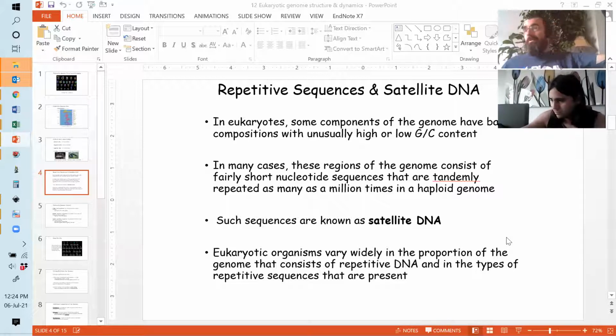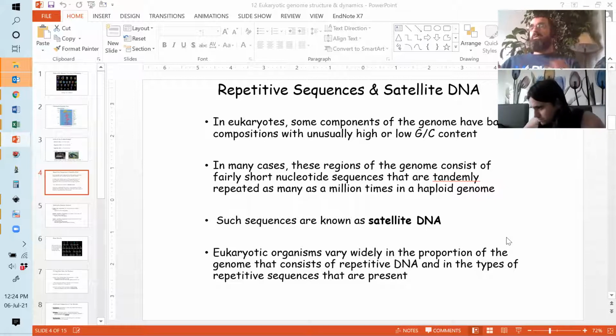And so obviously this is one explanation for that C-value paradox, right? Organisms that have smaller genomes may simply have less of this repetitive satellite DNA than organisms that have more, right?